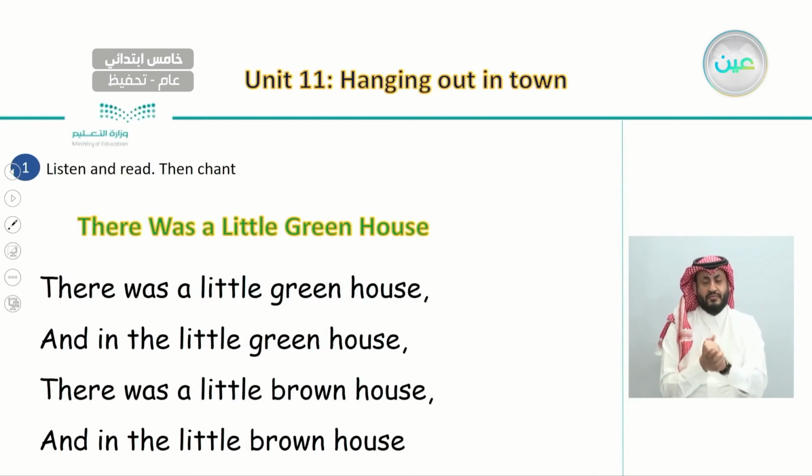There was a little green house. And in the little green house there was a little brown house.